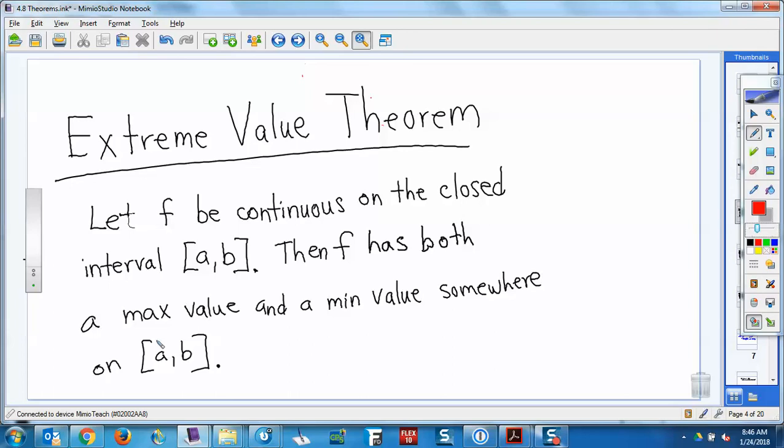One of the questions that is going to be on the quiz next week is going to be this. State the extreme value theorem. Okay, that's one of the questions. Guaranteed. Now, I'm not going to dock you if you're missing a word, unless it's a really important word that changes the meaning of the theorem.